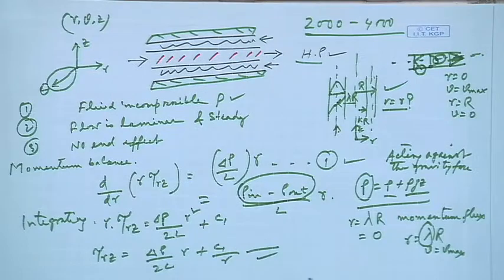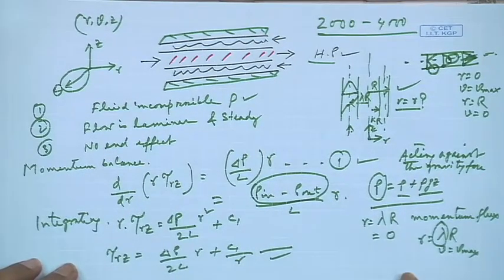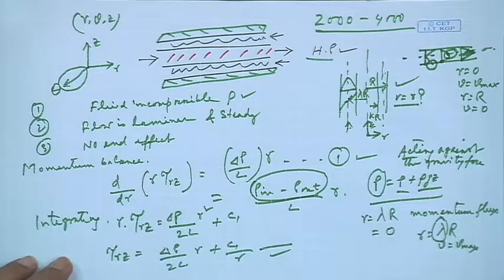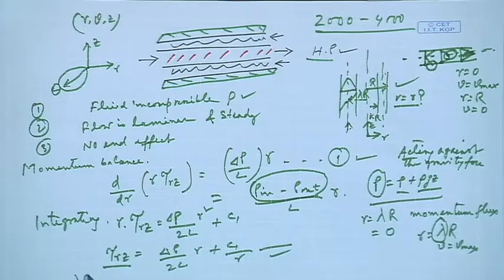So, in order to find out this value of C1, let us now say that tau r z, that momentum flux, is 0 at r equals lambda r.